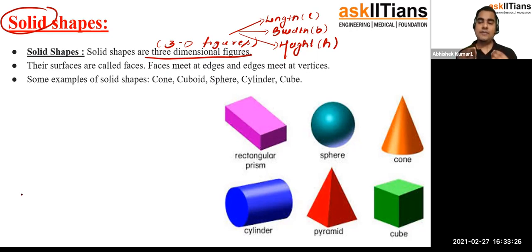And what are the three dimensions? One is length, denoted generally by L. The other is breadth, denoted generally by B. And the third is height, which is generally denoted by small h.